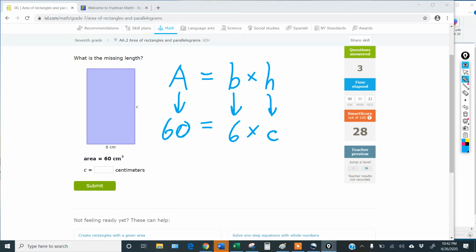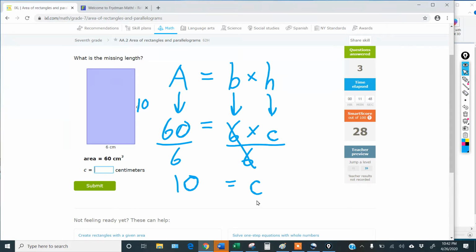And we're solving for C. So this is 6 times C. So the inverse of multiplication is division. So we'll divide both sides by 6, and we get C is equal to 10. So the height would be 10 centimeters, which again, it makes sense because 10 times 6 is equal to 60. So let's put a 10 in there.